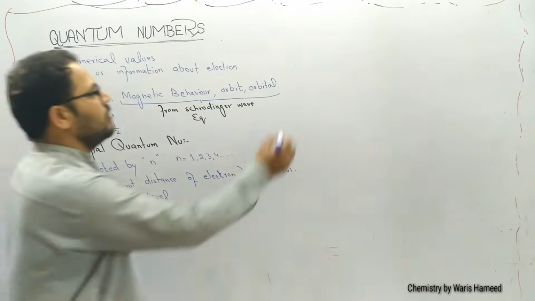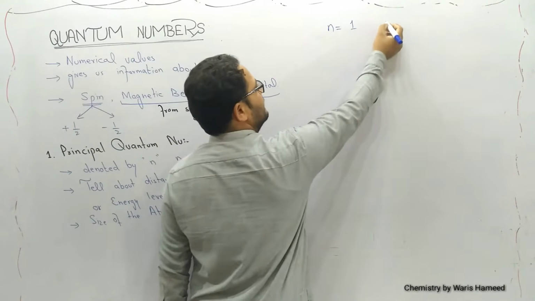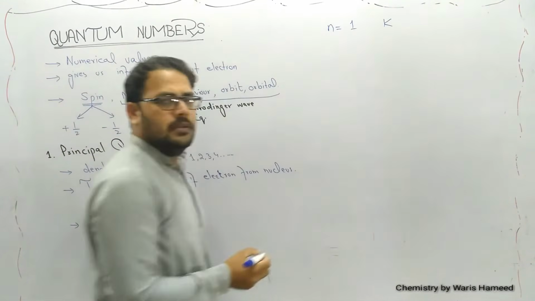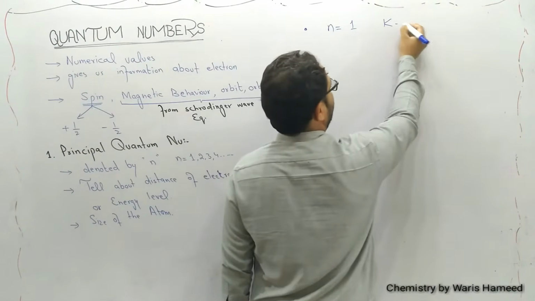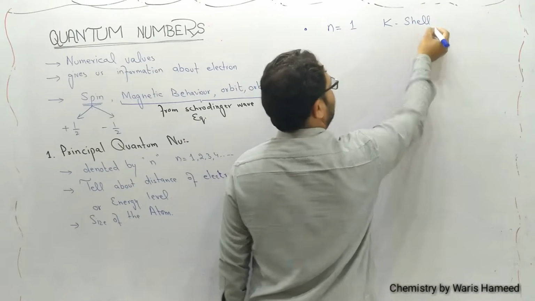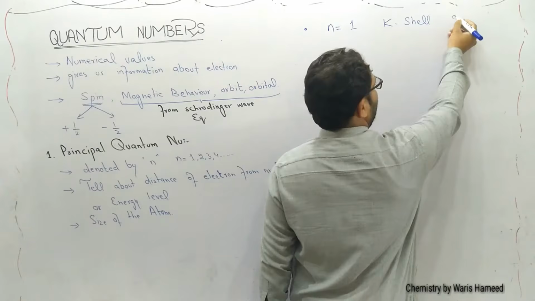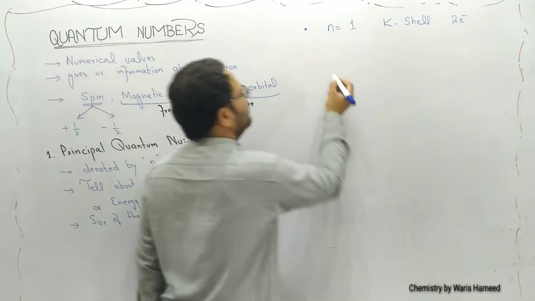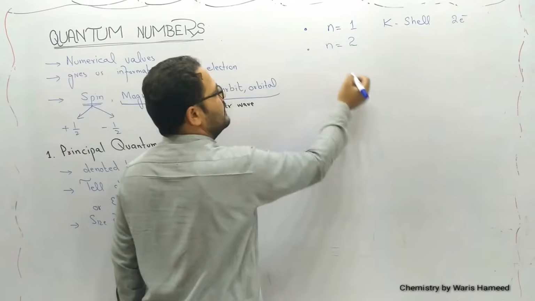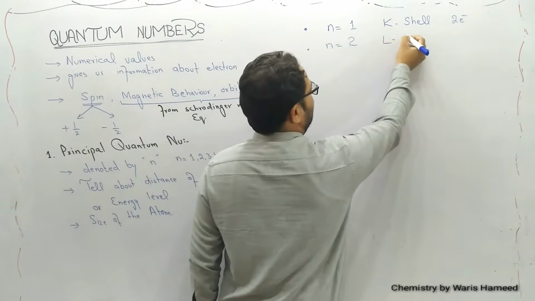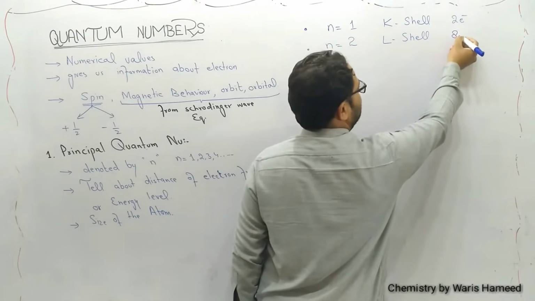If n is equal to 1, it will be the K shell, and it has the capacity to carry 2 electrons. If n is equal to 2, then there will be the L shell, and it has the capacity to carry 8 electrons.